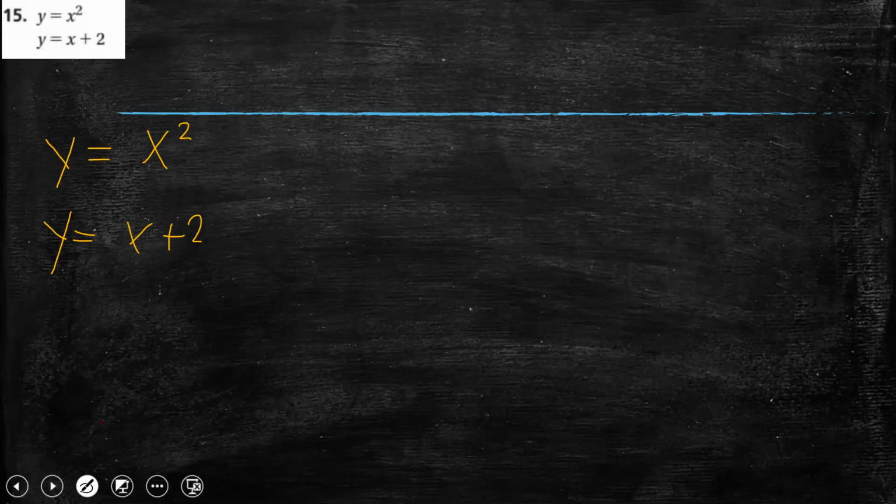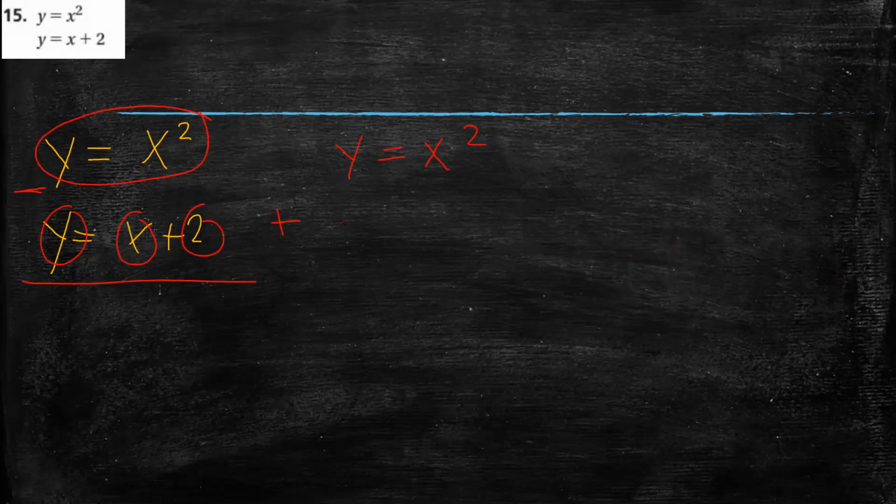As I told you, we have to subtract them. What do we have to do? Keep the first one as it is, then make a plus and change the sign of each term. So y becomes negative y, x becomes negative x, and positive 2 becomes negative 2.